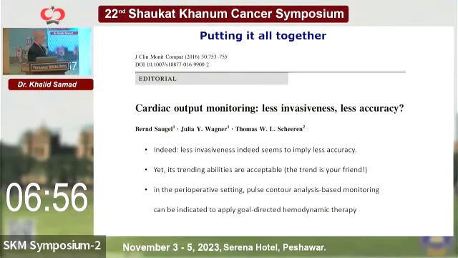It gives you an idea of how the intervention is going. For example, if you're using fluid or vasopressors or inotropes, it gives you an idea whether you are getting the right result or not. So in the perioperative setting, pulse contour analysis based monitoring can be indicated to apply goal-targeted fluid therapy and gives a good result. Overall outcome results are very good.